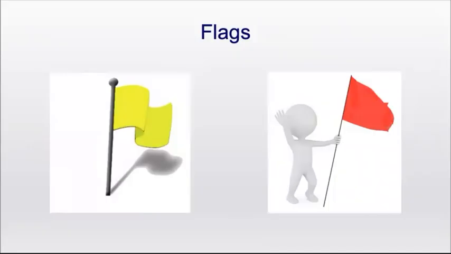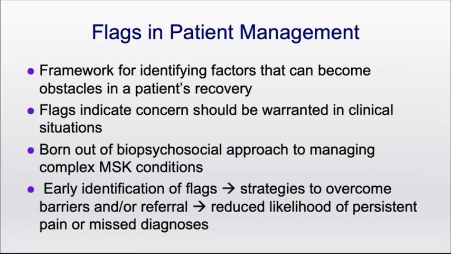Next, we're going to discuss the importance of the flag system in medicine and rehab. There are a number of different types of flags that are important for you to understand, to be able to identify when you're dealing with patients and clients. The flag system is born out of this biopsychosocial approach to managing complex musculoskeletal injuries.